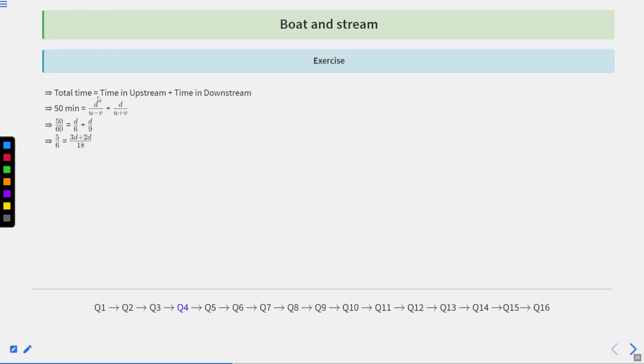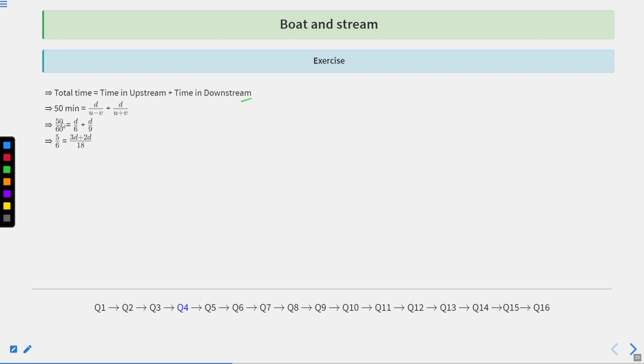So the total time taken is equal to total time in upstream plus time in downstream. So total time is 50 minutes, which is equal to d upon (u minus v) plus d upon (u plus v). Speed equal to distance upon time, that formula is being used here. So time will be equal to distance upon speed. That is exactly what is written here.